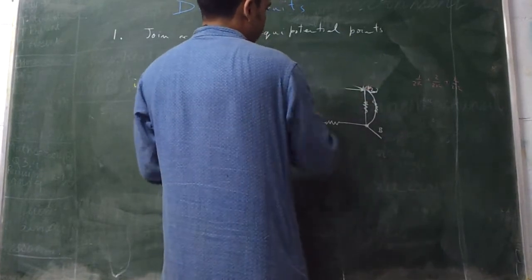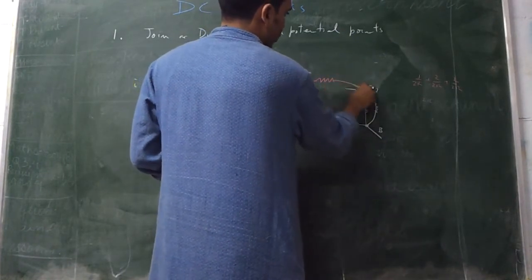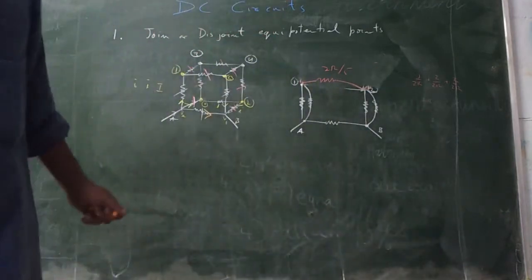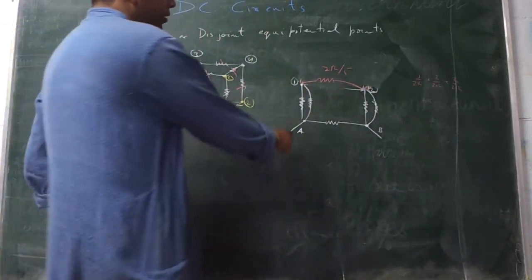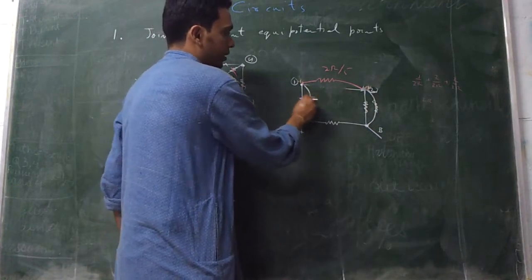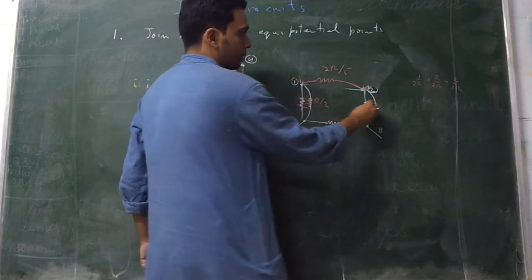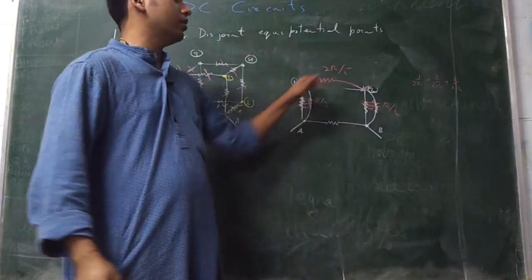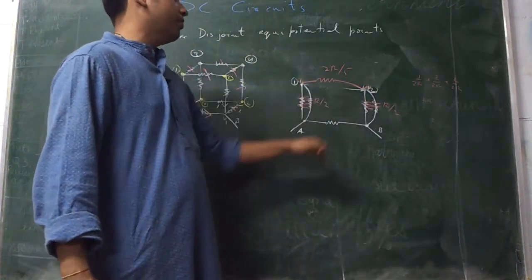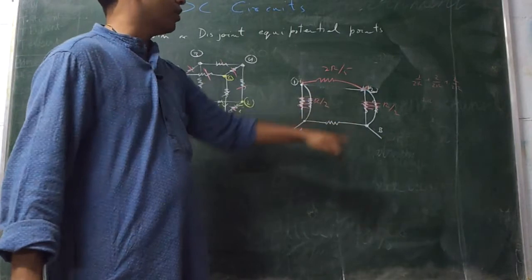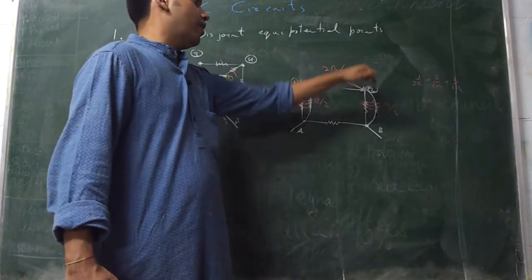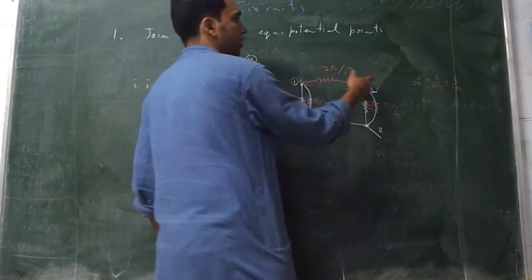And hence your circuit will become 2R by 5 over there. These two together is a single R by 2, and this two together is R by 2. So these three are in series, so you will have 2R by 5 plus R by 2 plus R by 2. This is R, these two are R itself, so it is 5 plus 2, 7R by 5.